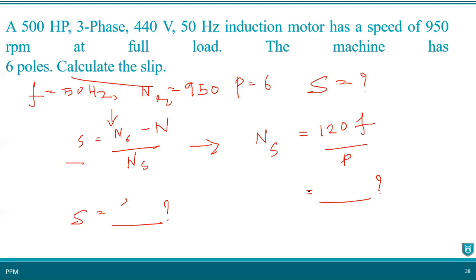I'm also calculating parallel with you. Yeah, correct, it's 1,000. So this answer should be equal to 1,000. And it's 1,000 minus 950 upon 1,000.